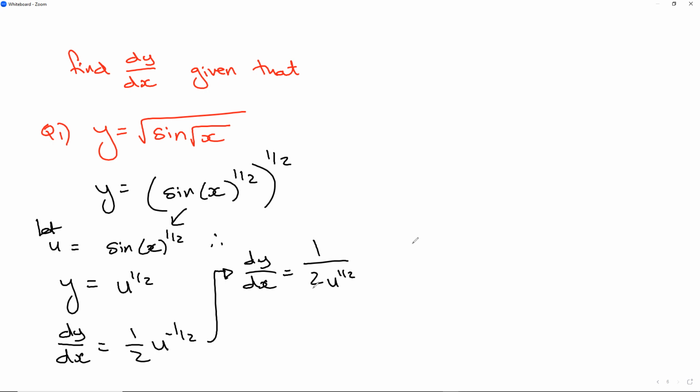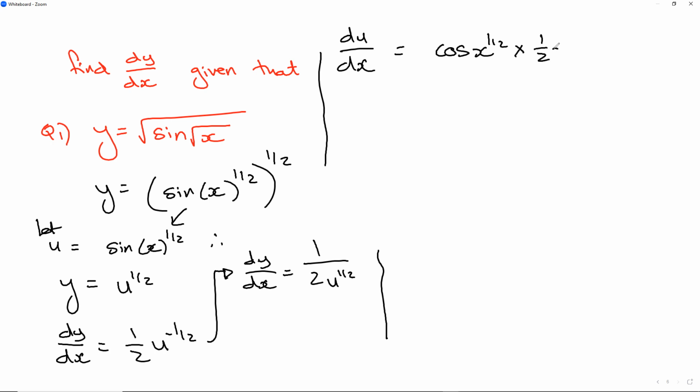The next thing I'm going to find is du/dx. So what is du/dx? I'm going to differentiate this with respect to x. Firstly, I differentiate sine of x to the power of half, which is going to be cos of x to the power of half. And because of the chain rule, I multiply by the derivative of x to the power of half, which is half x to the power of negative half.